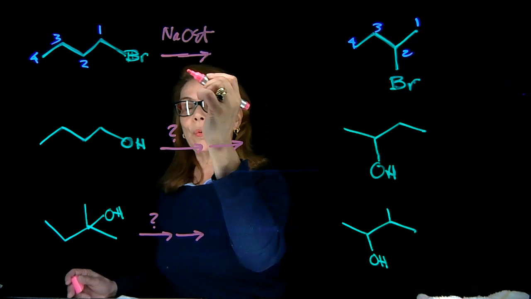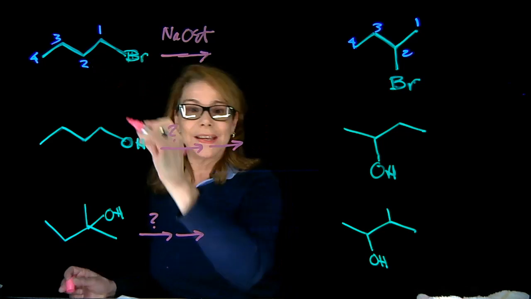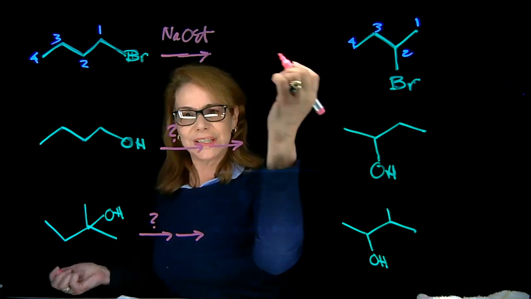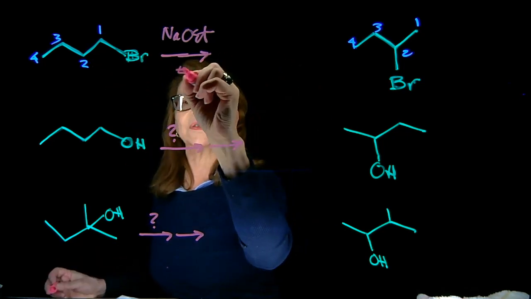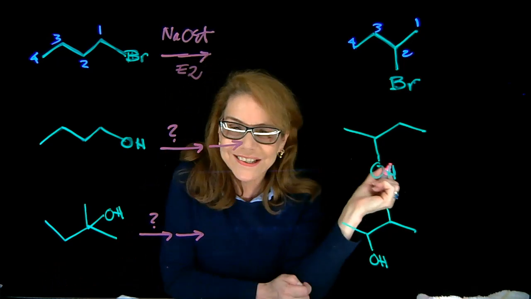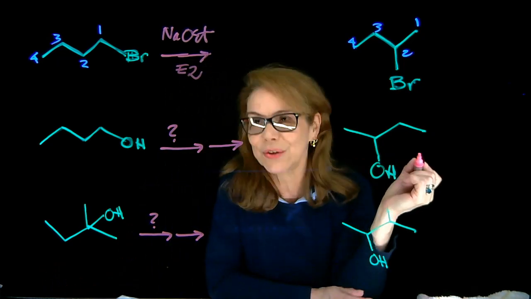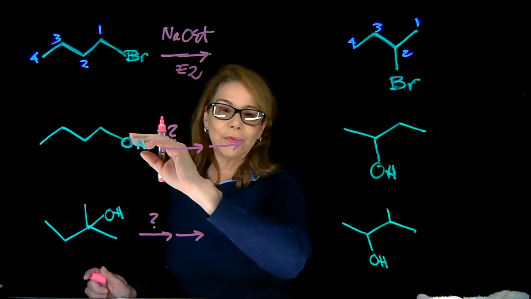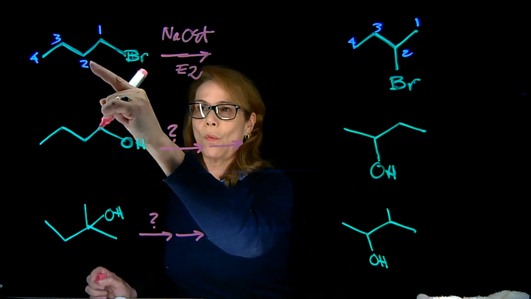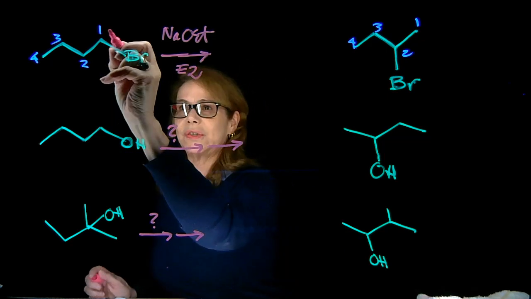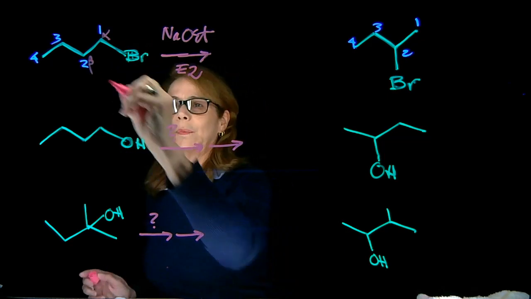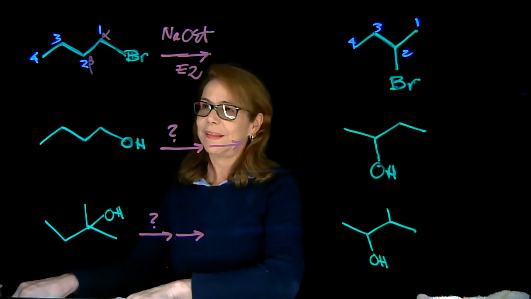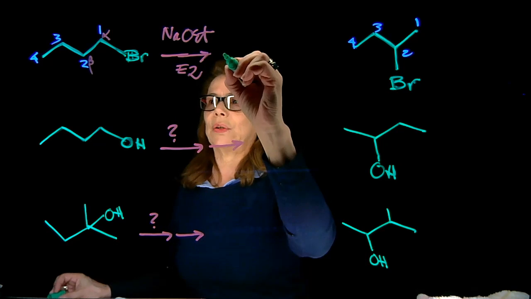And at this point, what we want to do is a beta elimination, which is an E2 reaction. If you need to check the mechanism, I have videos on that. But essentially what you're doing is abstracting one hydrogen at the beta position. This is alpha, this is beta, and you will be removing that to make the following alkene.